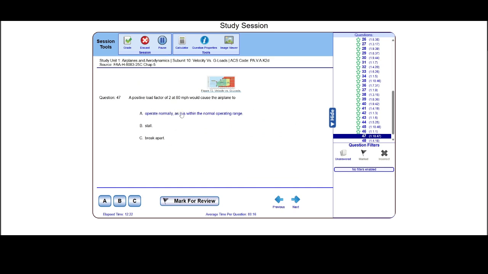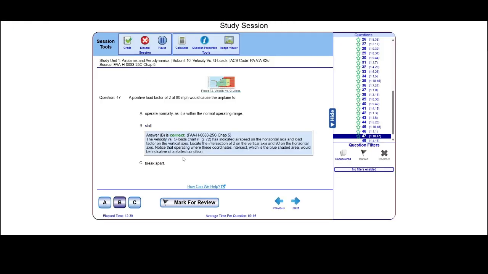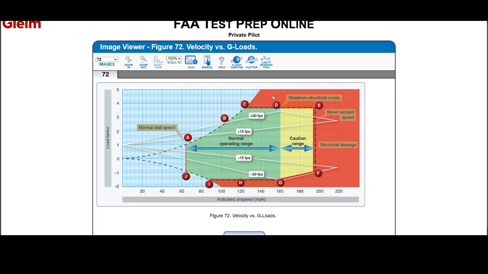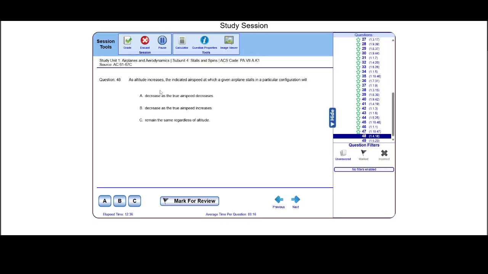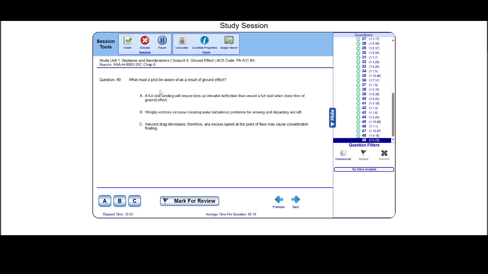So 280 stall. As altitude increases, what is the indicated airspeed, regardless of weight? What must the pilot do?